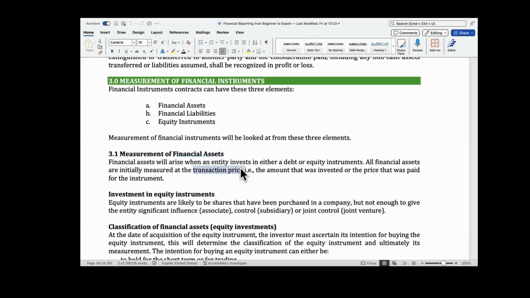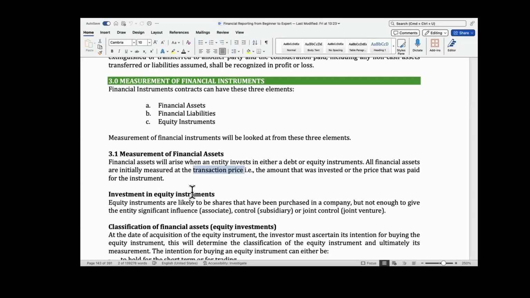Note that all financial assets are initially measured at transaction price. That is the amount you invested, the money that you paid for the instrument. That is the transaction price, and that's the amount you put in your books initially. Anytime you invest, how much did you invest? That is how much you put in your books.